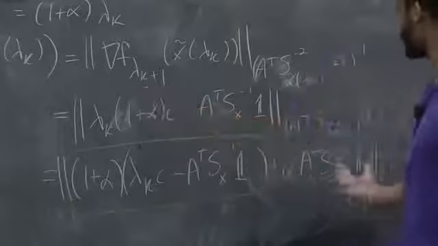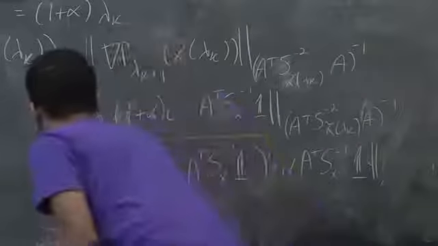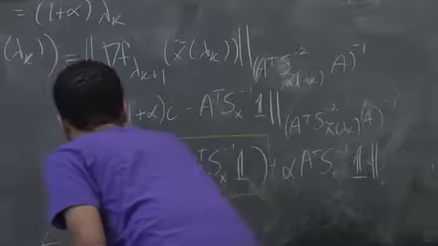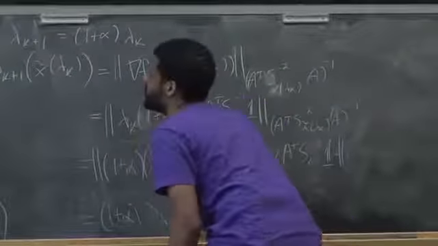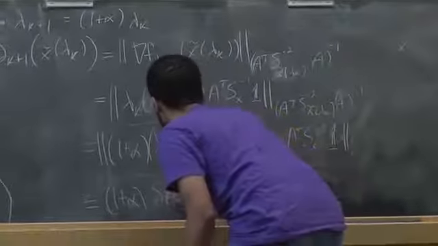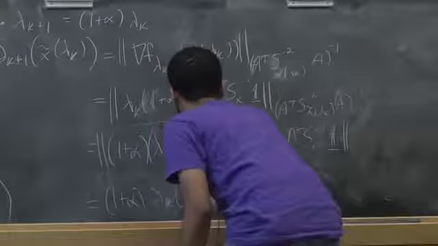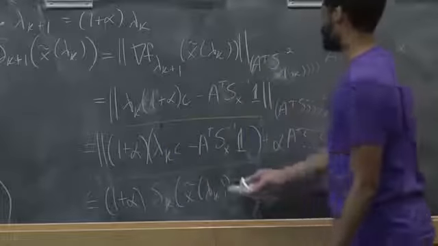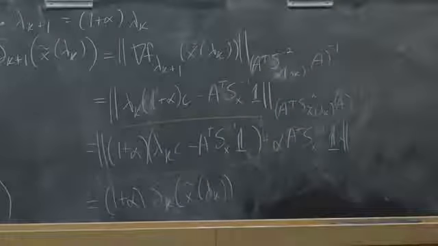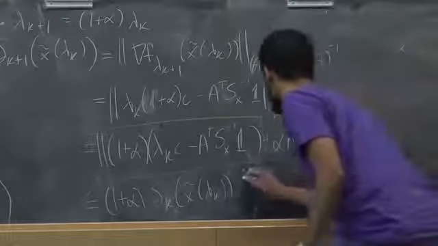So we can do triangle inequality and say, look, this is at most 1 plus alpha times the centrality measure at lambda k, or the centrality measure at k is how I defined it, of x tilde lambda k. And that thing is at most 1 over 100. So that's fine.